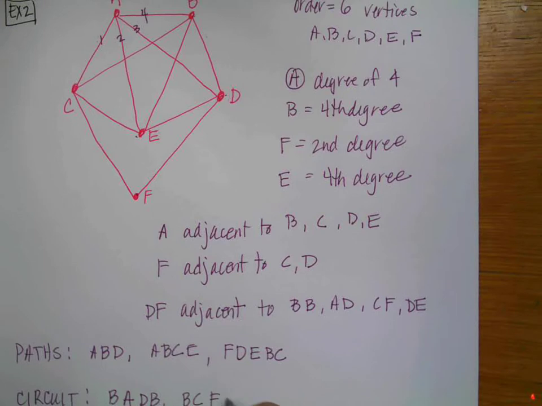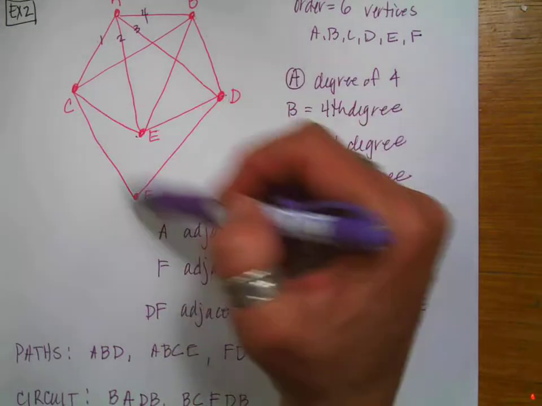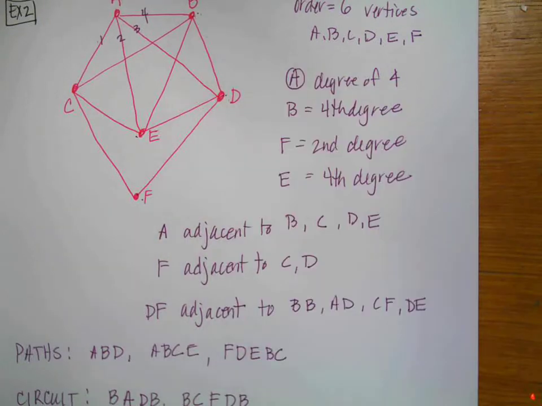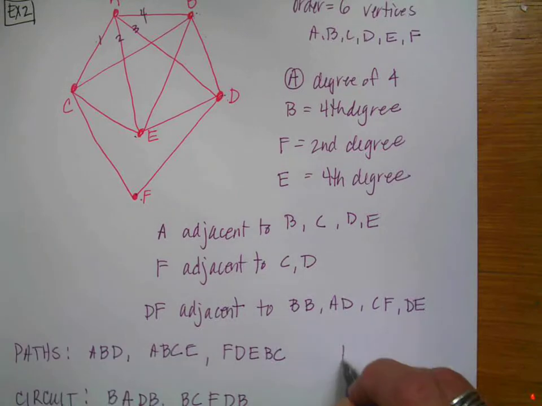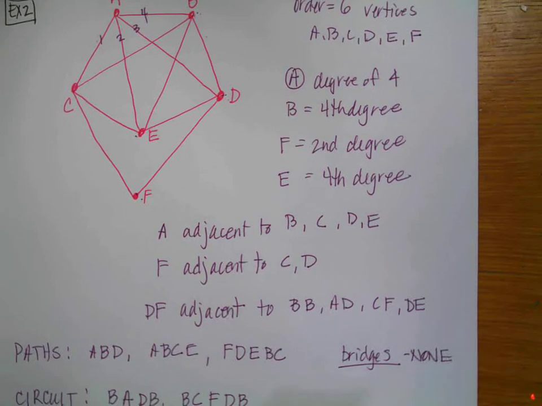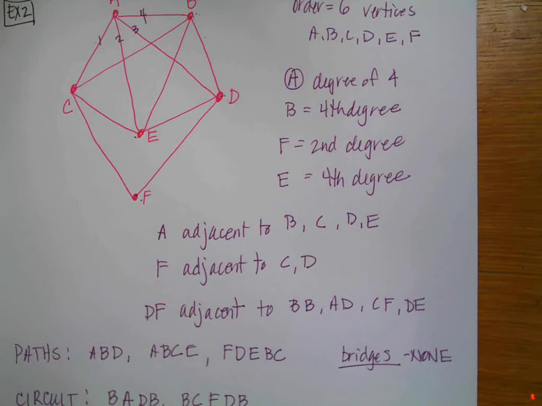Maybe another one could be B, C, F, D, B. Remember, I can only touch each edge once. And the last thing I would point out for this particular network or graph is that there are no bridges. I can't take out anything without making my circuit incomplete.